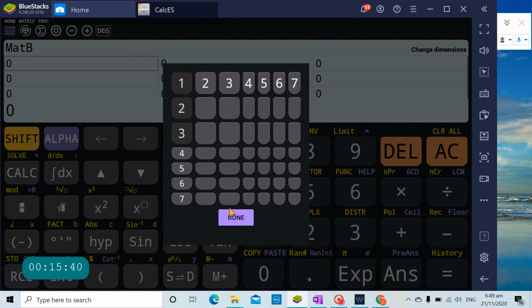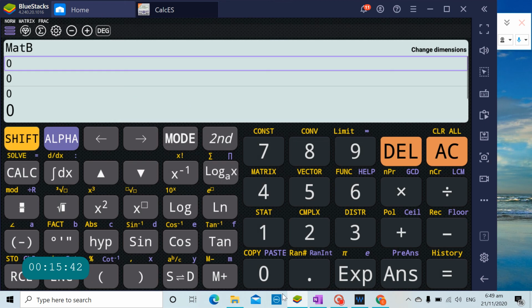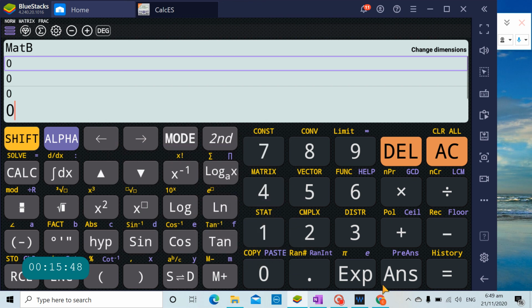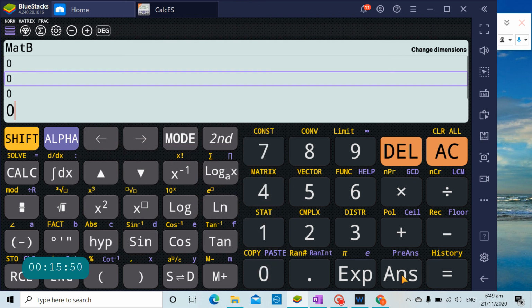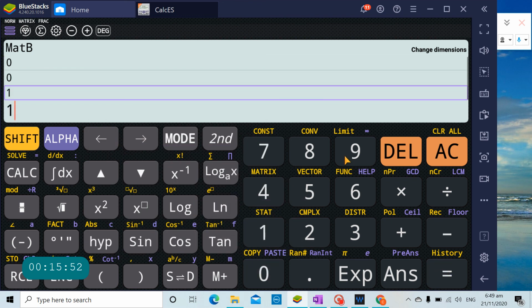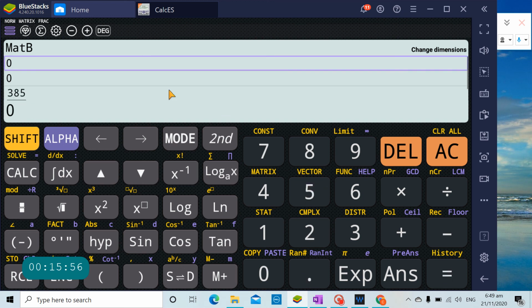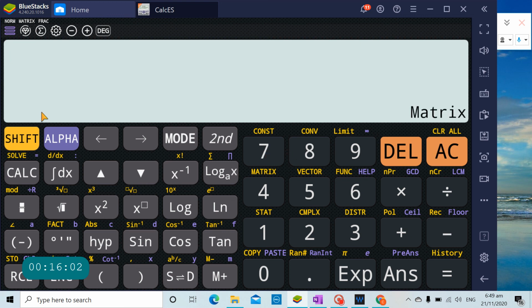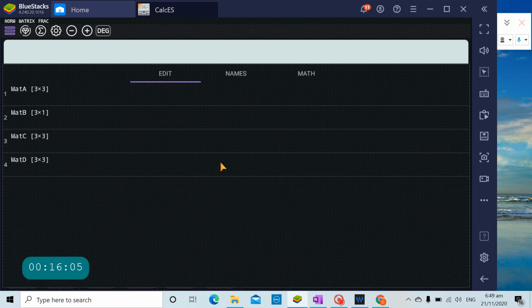Okay, done. So we have to input the values: 0, 0, and 192.5. So again, we have to come back for the Mat A in here.